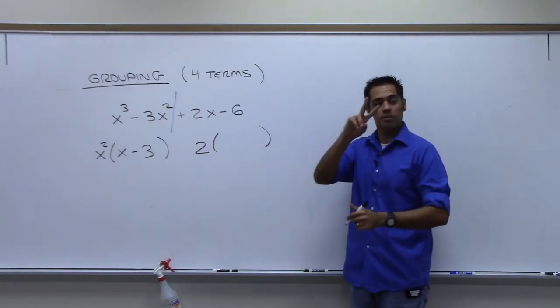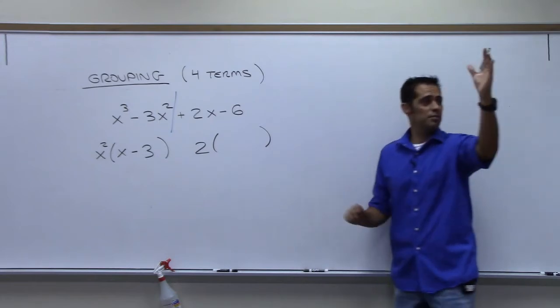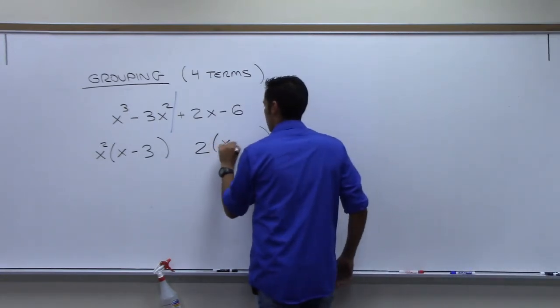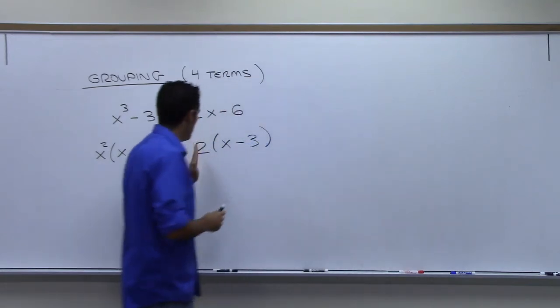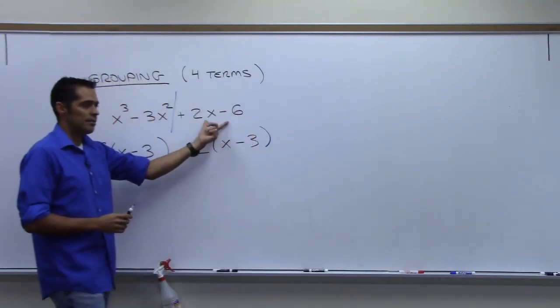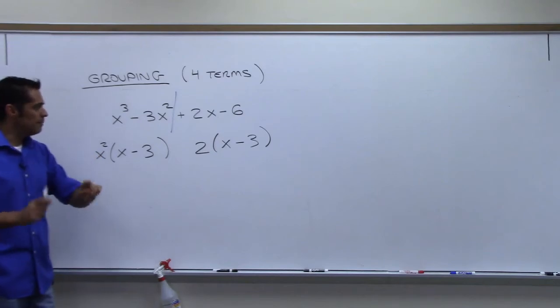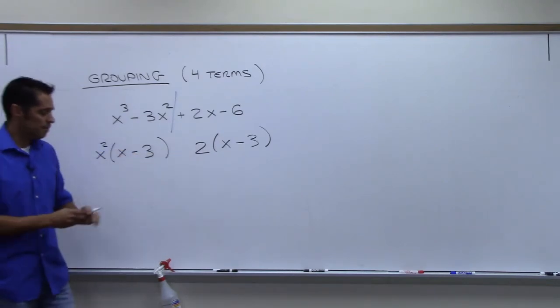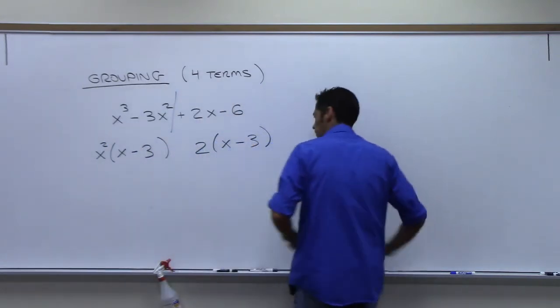And what's in there? X minus 3 again. And just do a quick little check. If I distribute that through, I get back this, right? Now, very important step. Was this 2 a positive 2 or a negative 2? It was positive. Please put that plus sign right here.